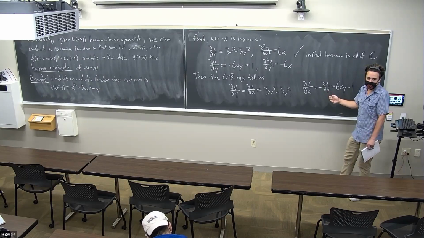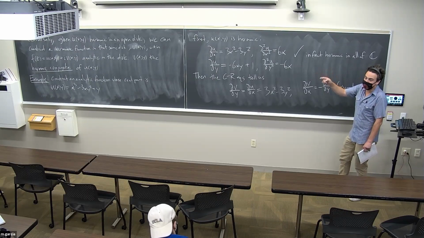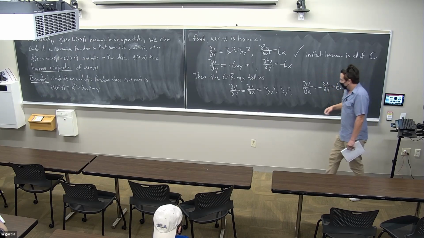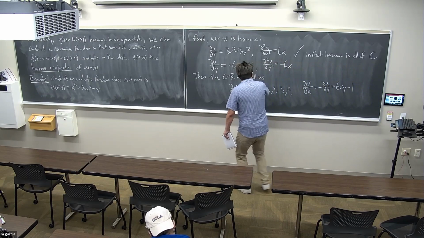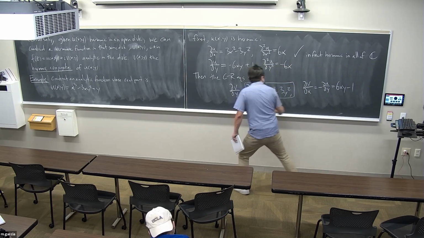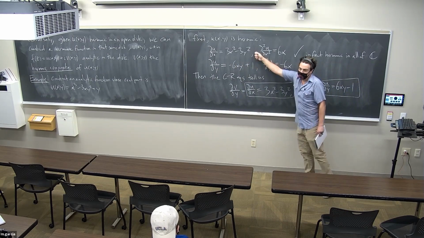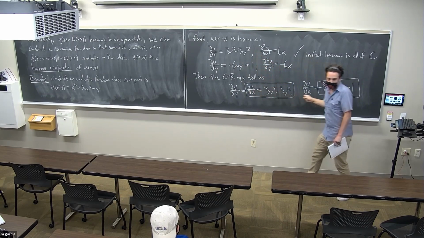That's what we're looking for: the harmonic conjugate of u of xy. I'm just pulling right from here, and I'm looking for the v that satisfies both these equations.